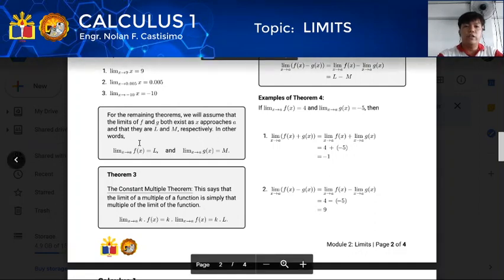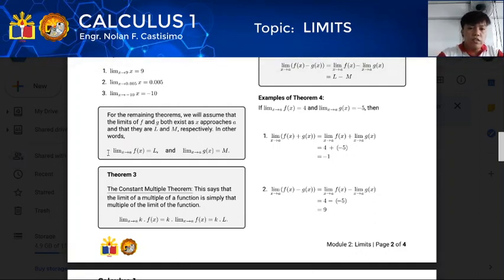So in other words, we have here the two mathematical notations of L and M. So the limit of f of x as x approaches a is equivalent to L. And the limit of g of x as x approaches a is equivalent to m. So, wag niyong kakalimutan yung dalawang mathematical notation ng limit na yan for L and m. Kasi later on, magagamit natin yan.